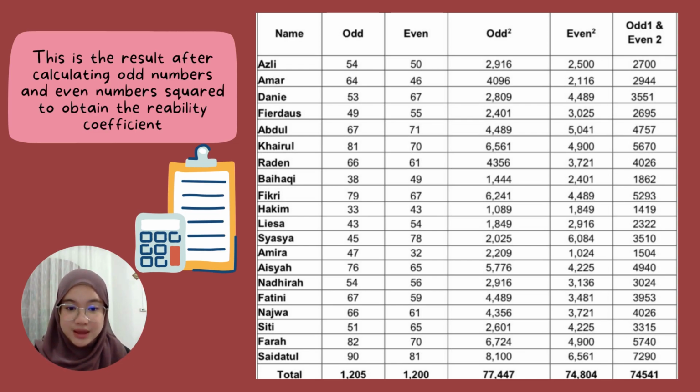So for the odd number to the power of 1 and even number to the power of 1, 64 multiply 46, and you will get the reliability coefficient for Ammar, which is 2,994. The method of calculation for the reliability coefficient for other students is also the same. That's all from me about step 2, and thank you.